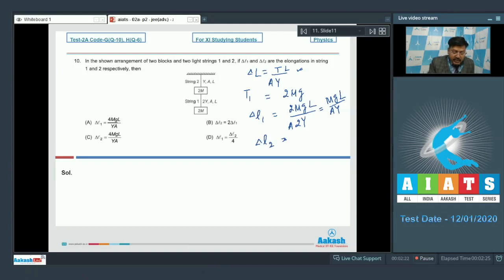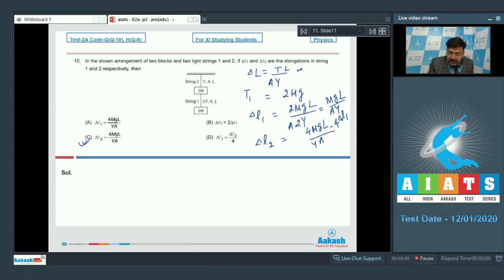Well, what we have got does not match with option A. Let's evaluate delta L2 also. Delta L2 will be, since the tension in string 2 is 4 mg, 4 mg into length L divided by Young's modulus y into area of cross section A, and we can see that delta L2 is matching with option C. Option A is incorrect, and we can see that delta L2 is equal to 4 times delta L1.